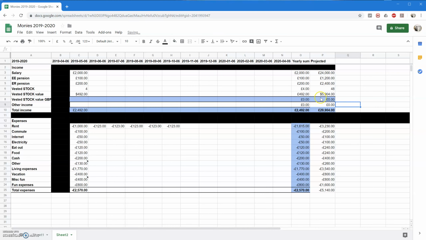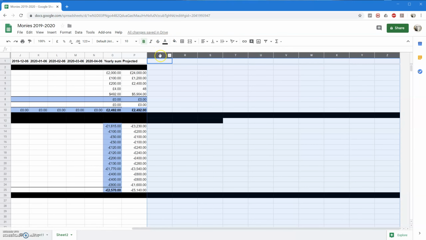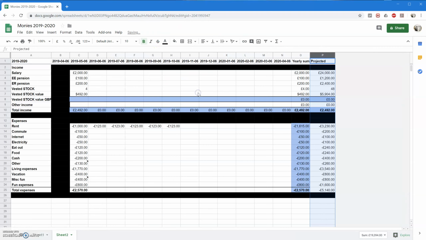There. So this is both US dollars. That should do it for income and expenses for now, except for some other minor cleanup.